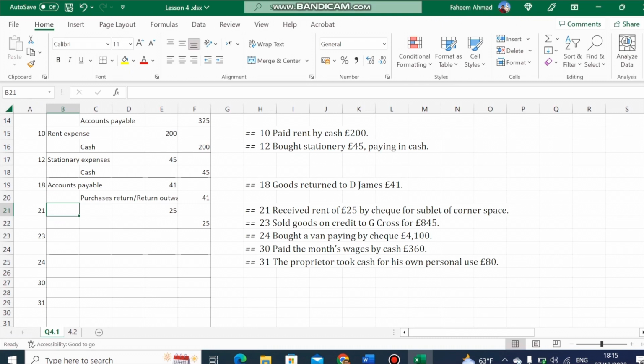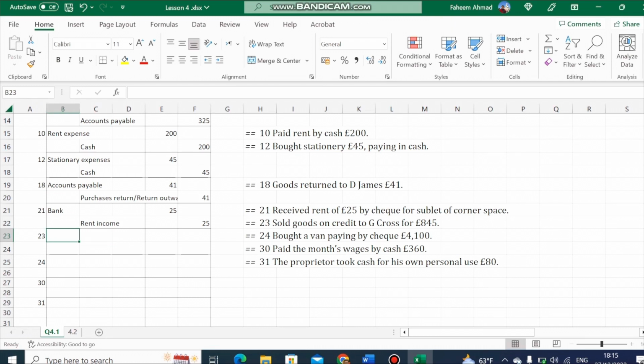So that means in bank we are receiving money. Bank increases, debit. Second account that I can identify here is rent. So rent is income. Income increases, credit. Rent income, credit.